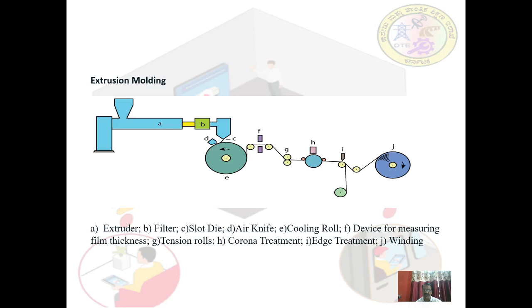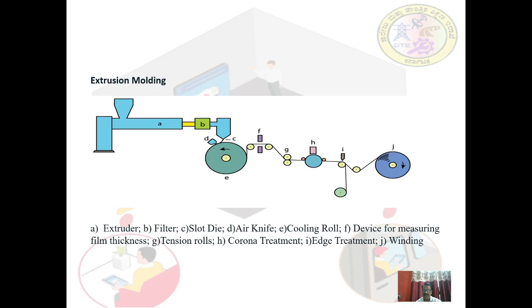The raw material is dried using heated air or vacuum before it is melted in the extruder. The extruder may be a single screw extruder or a twin screw extruder, the single screw extruder being the most common.